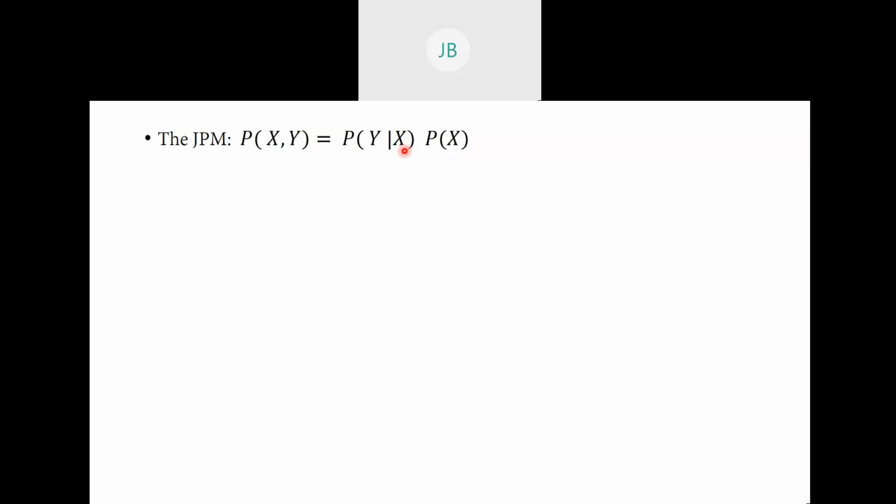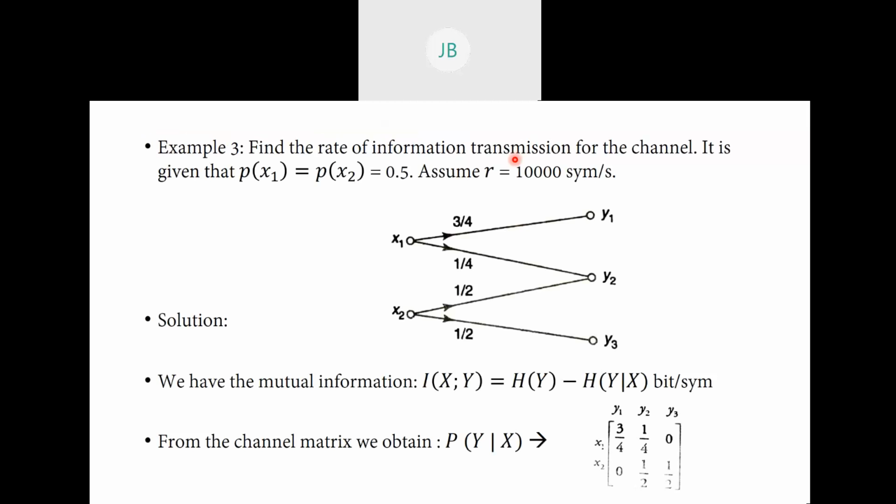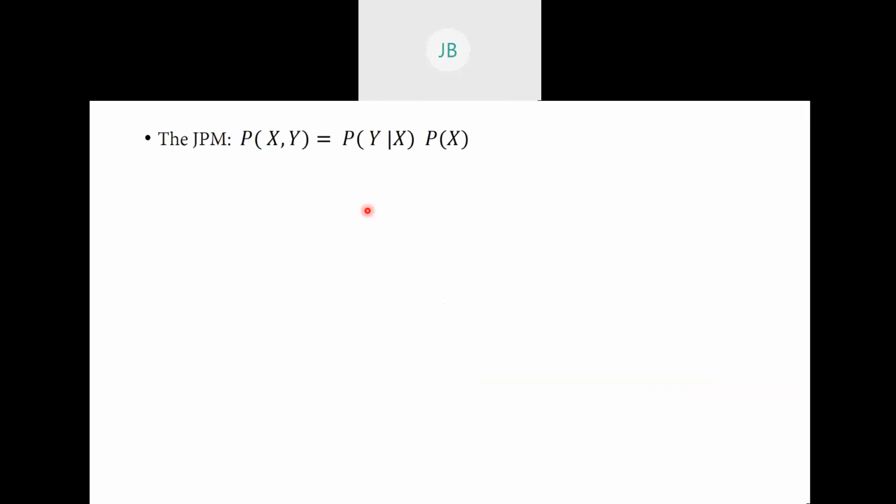So P(x) is a row matrix consisting of two elements, 0.5 and 0.5.